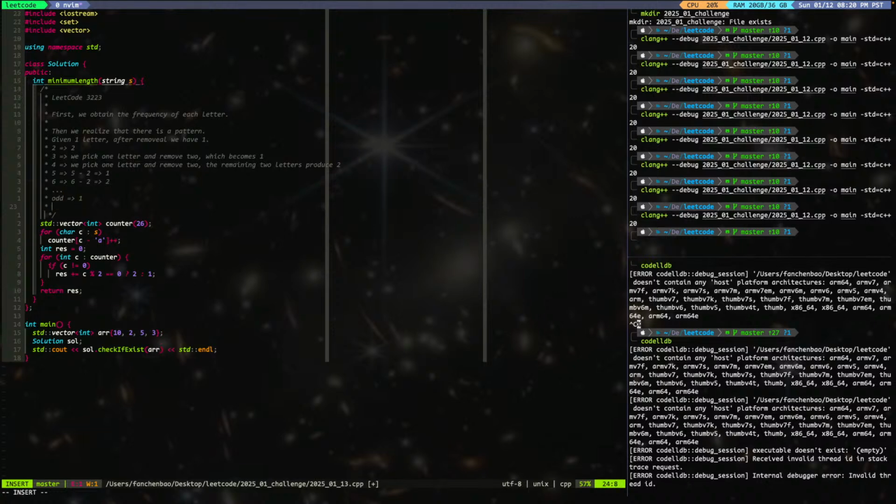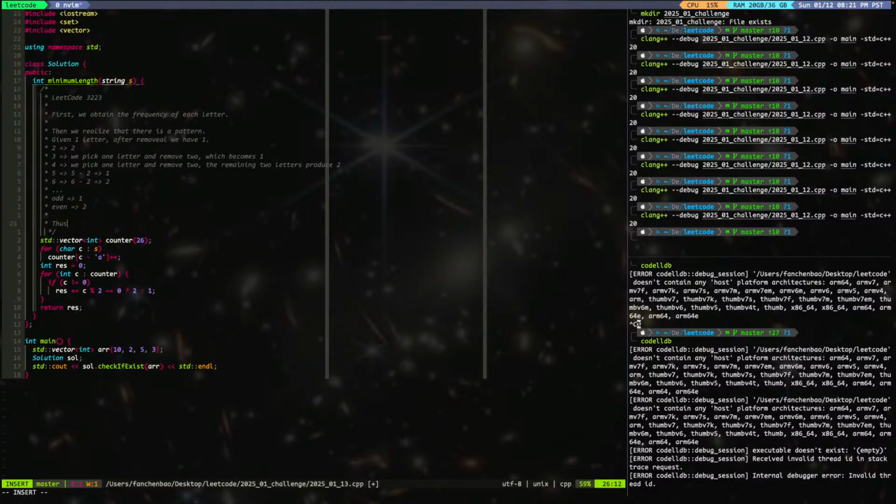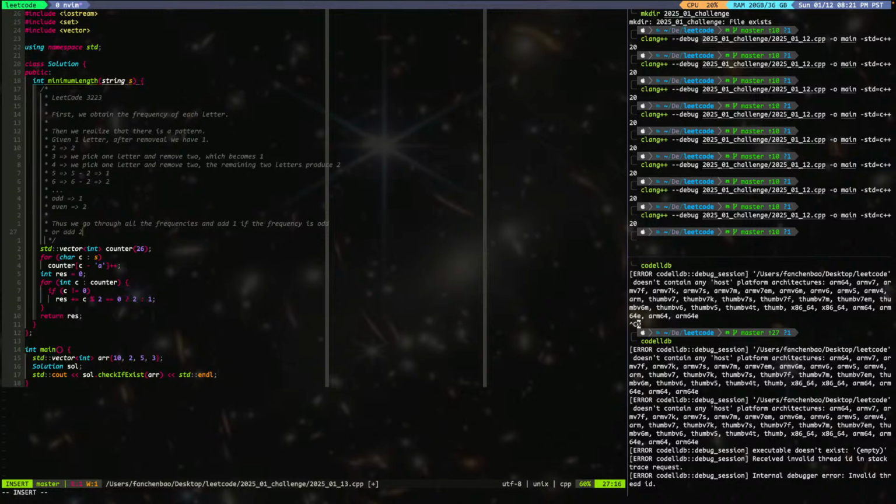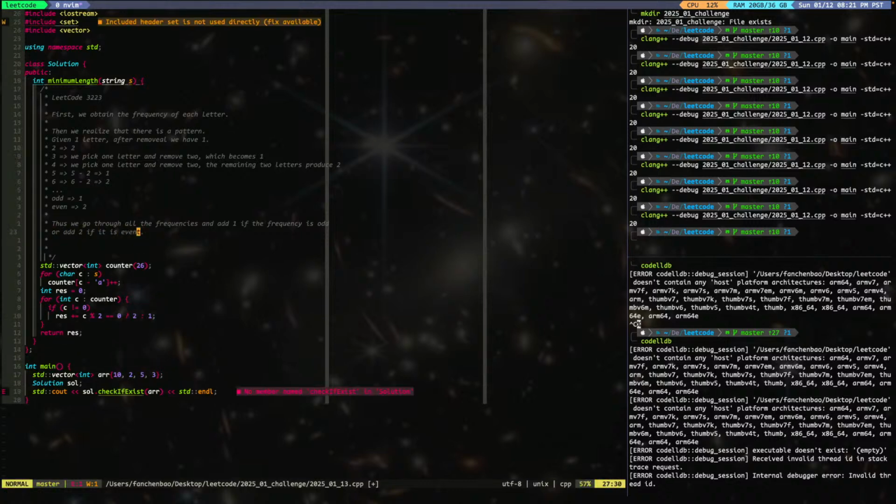Odd gives 1, even gives 2. Thus the problem becomes, we go through all the frequencies and add 1 if the frequency is odd, or add 2 if it is even.